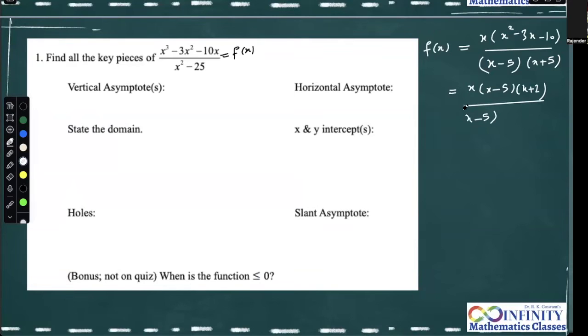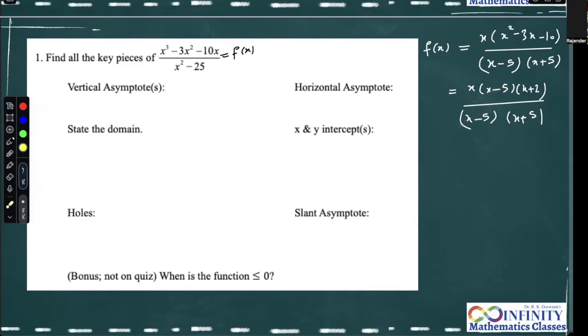Yes. So what you should observe is that there are terms like x minus 5 in the numerator and denominator which may cancel out. Whenever there is a common term in the numerator and denominator, x equals 5 is not going to be a vertical asymptote. Okay, x equals 5 is not going to be a vertical asymptote.